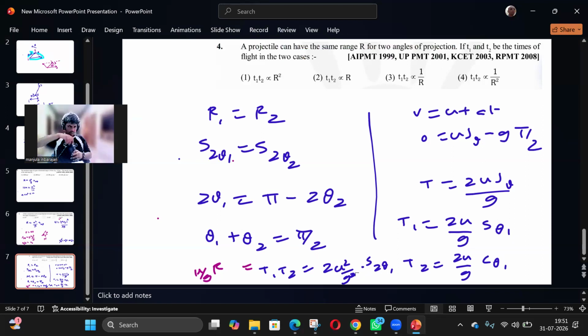One u by g will take out. So second, 2u by g into sine. No, I cannot take u square out. Just 1 by g, R into 1 by g.